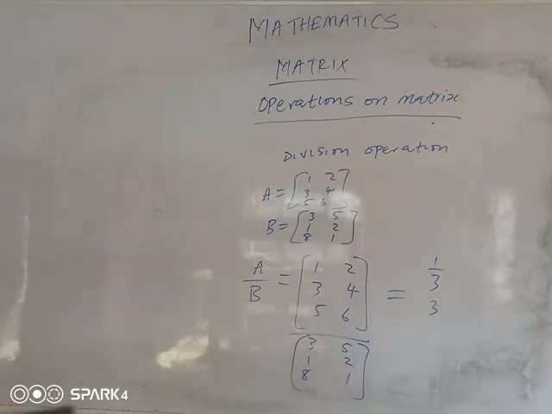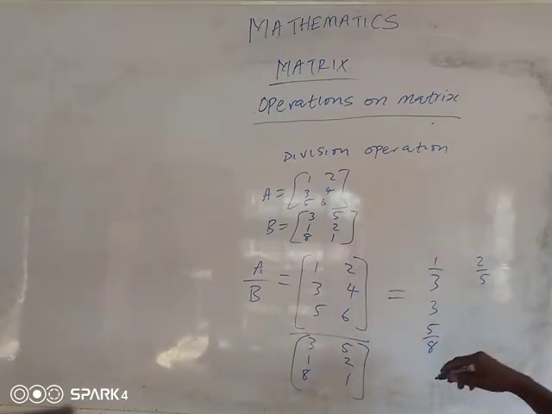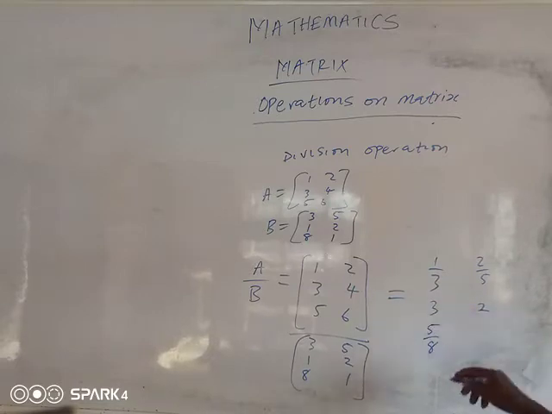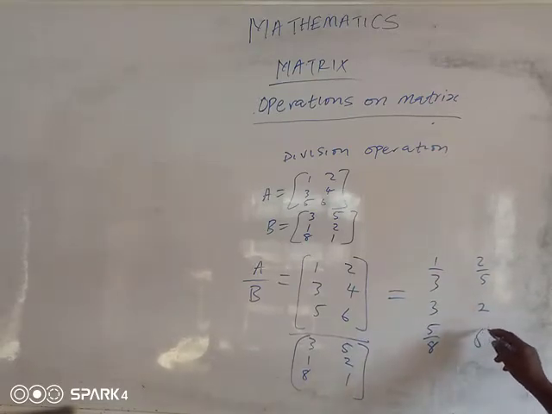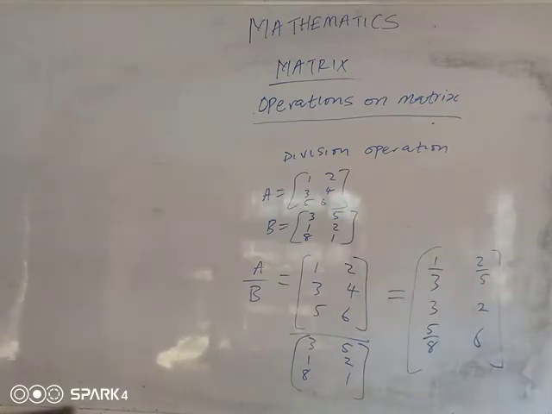We also have 5 over 8. This one will give us 2 over 5. This one will give us 4 over 2, which is 2. I have a 6 over 1, which is 6. So I'll be able to divide it. Okay?